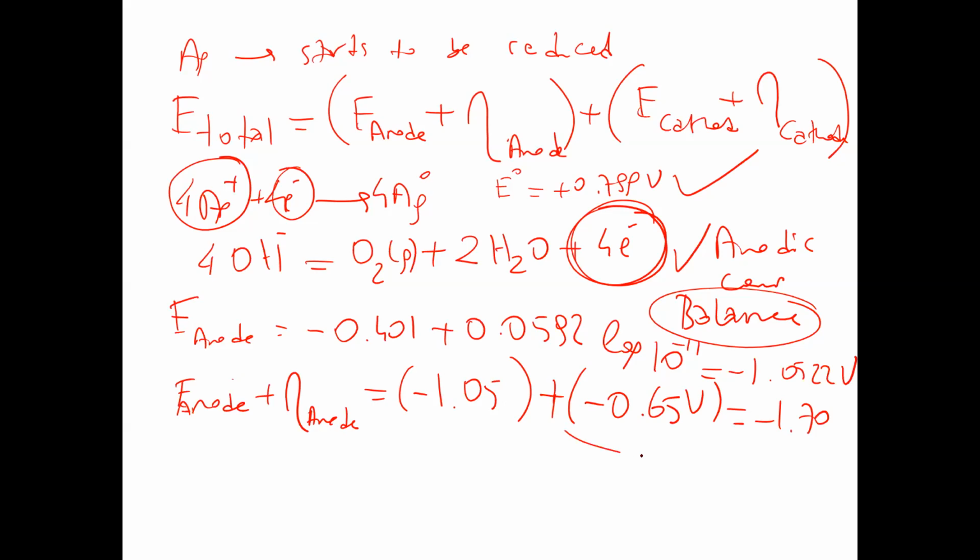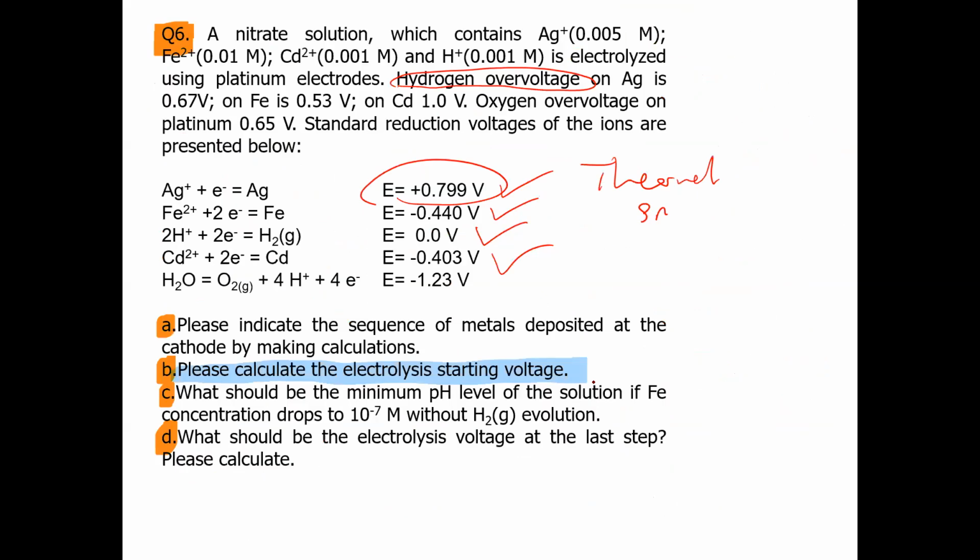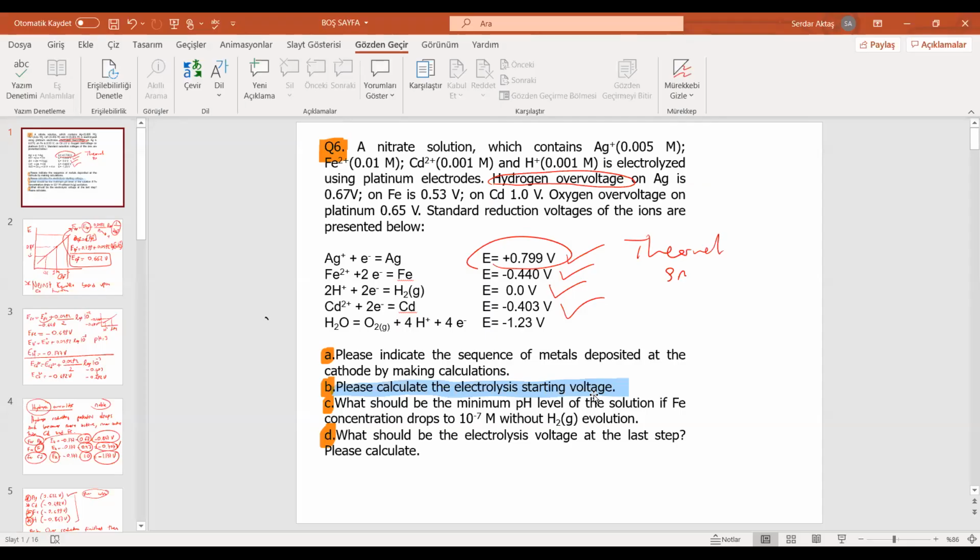And this comes from the question. It says that oxygen overvoltage on platinum is 0.65 volt, because platinum is used. In order for oxygen to evolve, you need to pay the price, and this is the price.